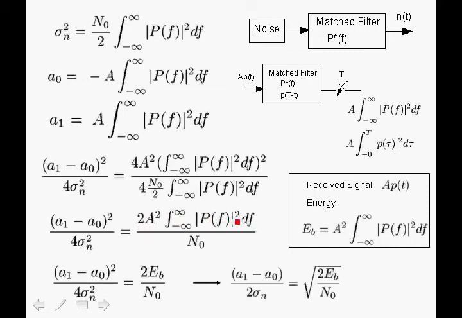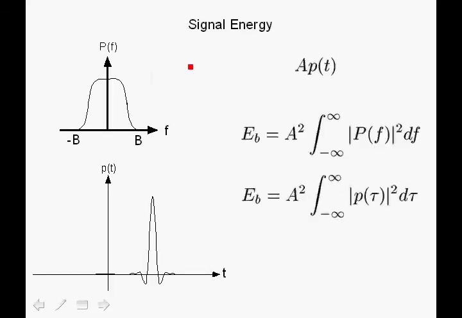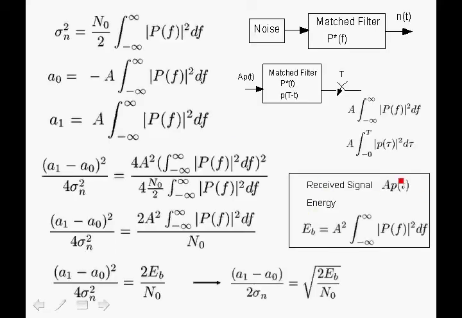Now recall the signal energy for the transmitted pulse with magnitude a, and this is the expression for E sub b, which is the energy per bit. So we summarize that over here. For the receiving signal, the energy is E sub b, the energy per bit, a squared times the integral from minus infinity to infinity of the magnitude of P(f) squared df.